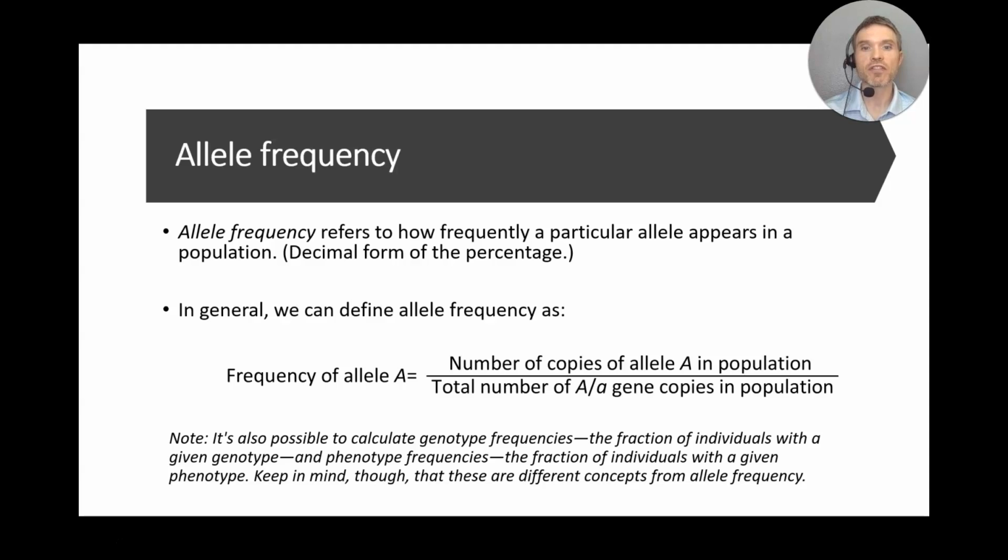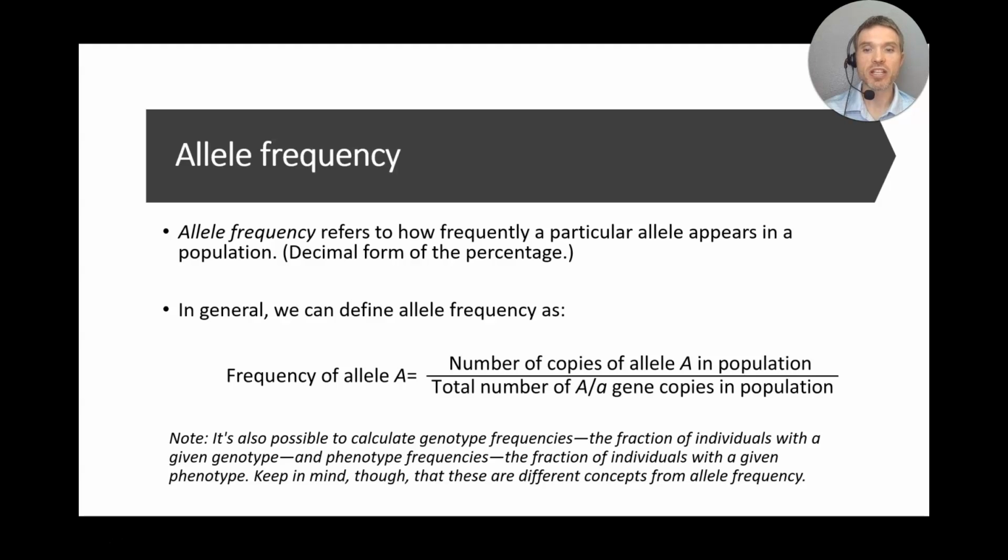We'll continue with the concept of an allele frequency. Allele frequency refers to how frequently a particular allele appears in the population. And that will be represented in the form of a decimal, such as a percentage. In order to calculate the allele frequency, we use the equation.